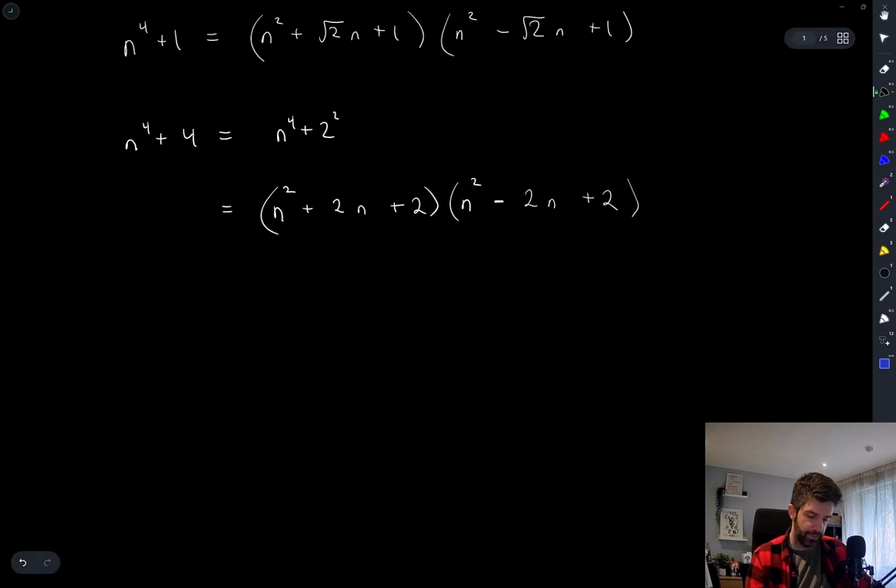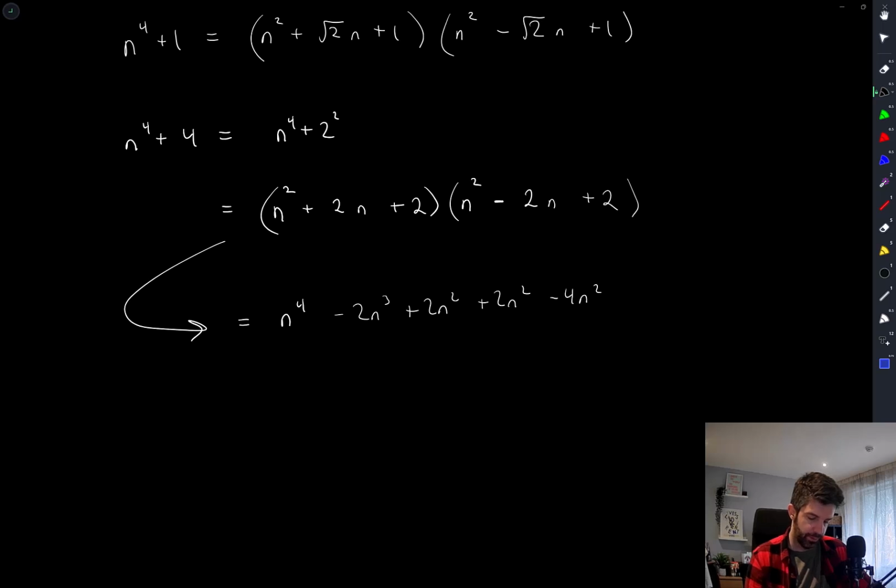Okay, so if I expand that, let me just expand this. I get n to the 4 minus 2n cubed plus 2n squared plus 2n squared minus 4n squared plus 4n plus 2n squared minus 4n plus 4.